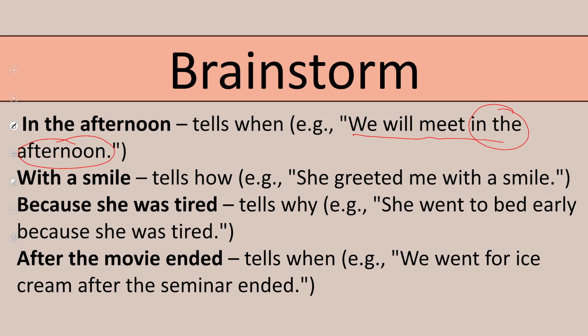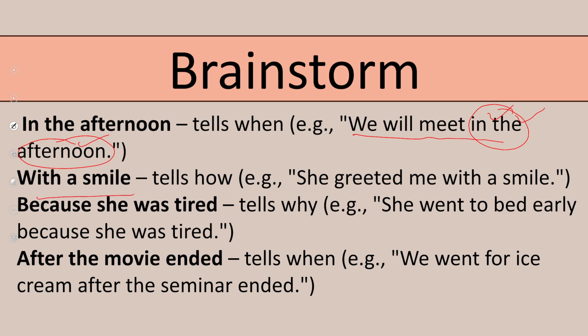No. It is just a group of words, which we call a phrase. And this is our adverb phrase because it has our adverb afternoon, which tells when something happened. This is adverb of time. So when an adverb of time is linking with other words, it makes an adverb phrase.